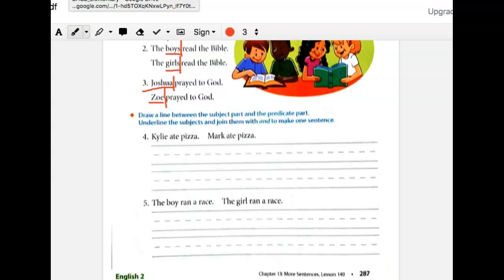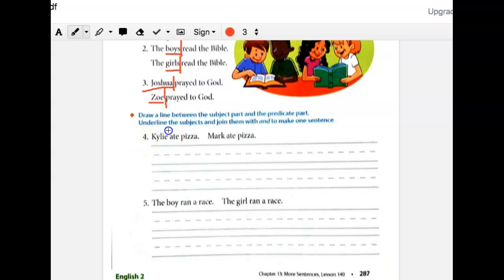Numbers 4 and 5. You're going to draw a line between the subject part and the predicate part. Underline the subjects and join them with and to make one sentence. So number 4, Kylie ate pizza. Mark ate pizza. Where can we draw a line between the subject part and the predicate part?